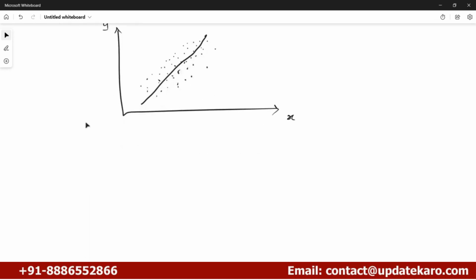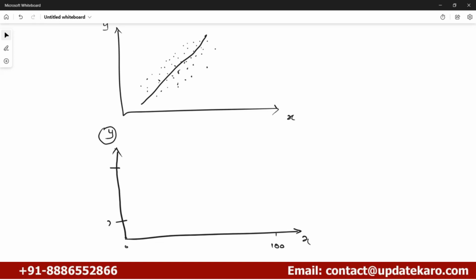Now let us see if we got data like this. This is my x coordinate, this is my y coordinate. You will get the data in the range of, let's say, 0 to 100. But here your target variable is not continuous, it is going to be discrete.